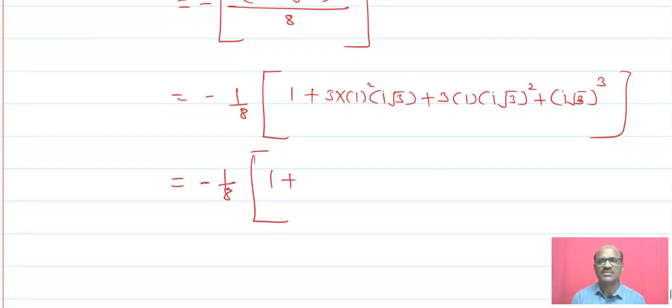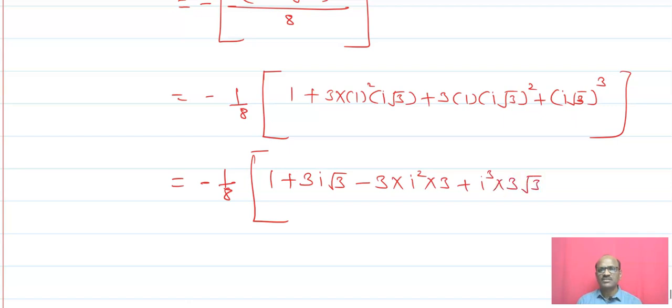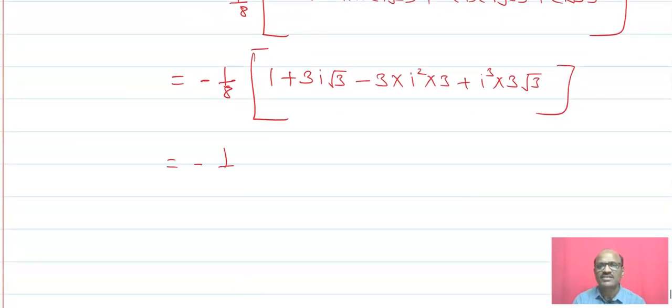Now see these terms, that is 3I root 3, and next is I square means minus 1 and square of root 3 is 3. Now I just made one mistake here. I square means what? It is minus 1. That minus should not be present there for the third term.